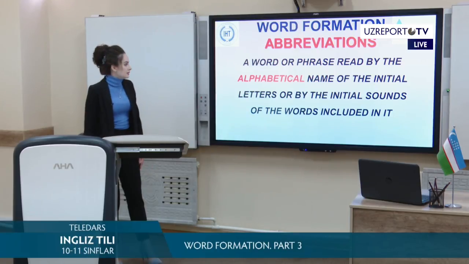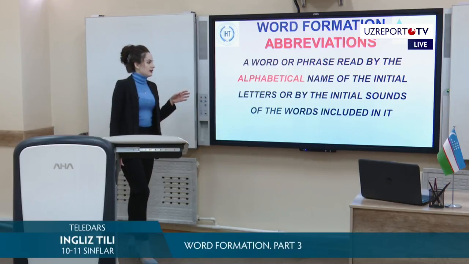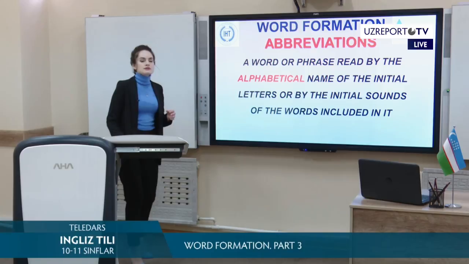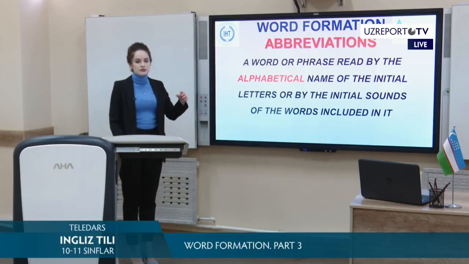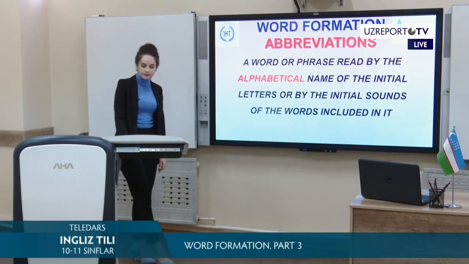Now please look at the definition. A word or phrase read by the alphabetical name. Alphabetical means you should pronounce all the letters according to their alphabet. For example, not N but en, not M but em. So, all the initial letters or by the initial sounds of the words included in it.